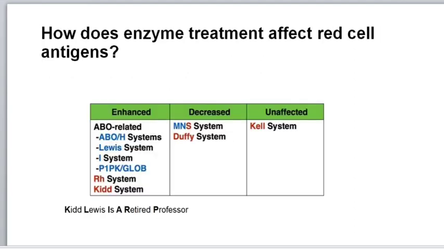And the second question was, how does enzyme treatment affect red cell antigens, papain enzyme and ficin enzyme? So this is a solid mark question, well known for MCQs, EMQs, and for transfusion.